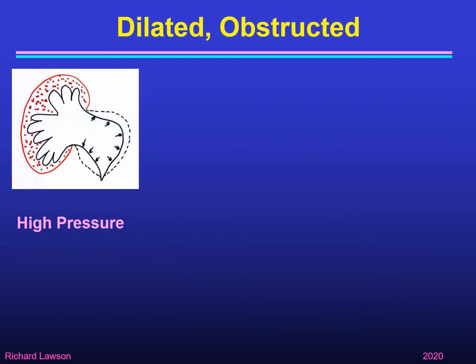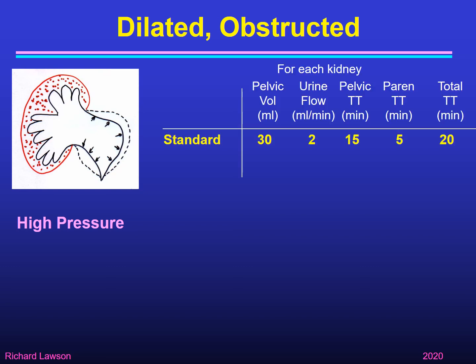But if we've got a dilated but obstructed system, this is a high pressure system, we've still got the same volume of the pelvis, say 30 mils, and the same urine flow rate for the standard renogram of 2 mils a minute, so we still got a large 15-minute transit time through the pelvis.